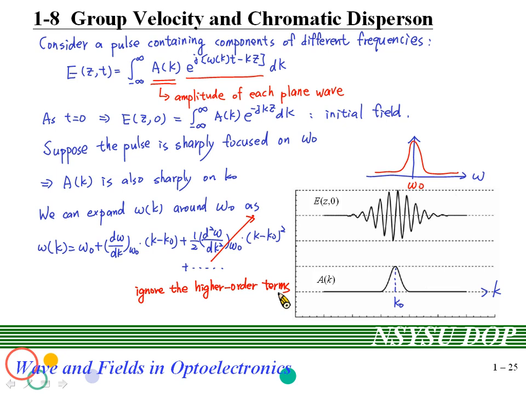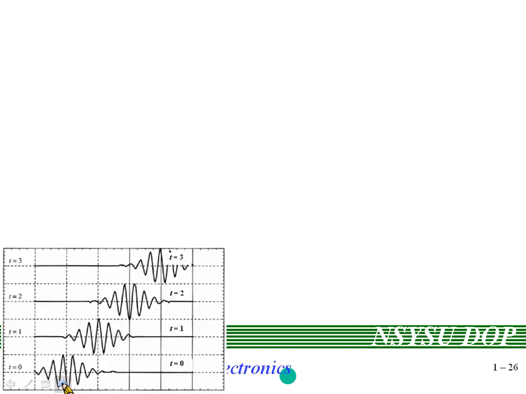Okay, as a result, omega of k can be approximately expressed in this way, and we will take this expression into the E field we have right here. After we obtain the expansion of omega of k, we can take it into the E of t like this.